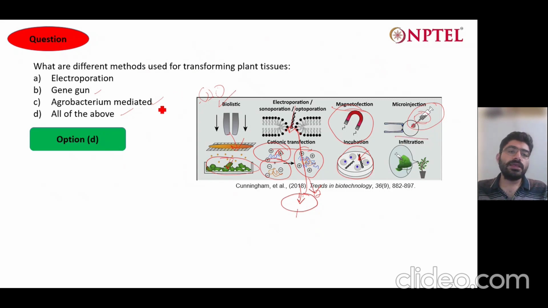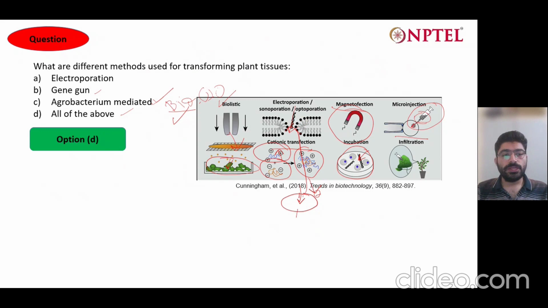Okay, and the third option, agrobacterium mediated, is a biological method in which we use a bacterium called agrobacterium, and we transform the cells by its infection. Okay, so these are the different methods that are widely used in plant biotechnology for generation of transgenic plants.